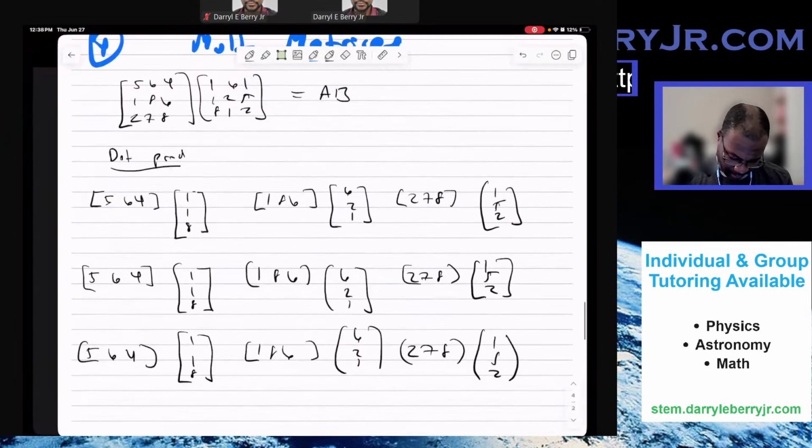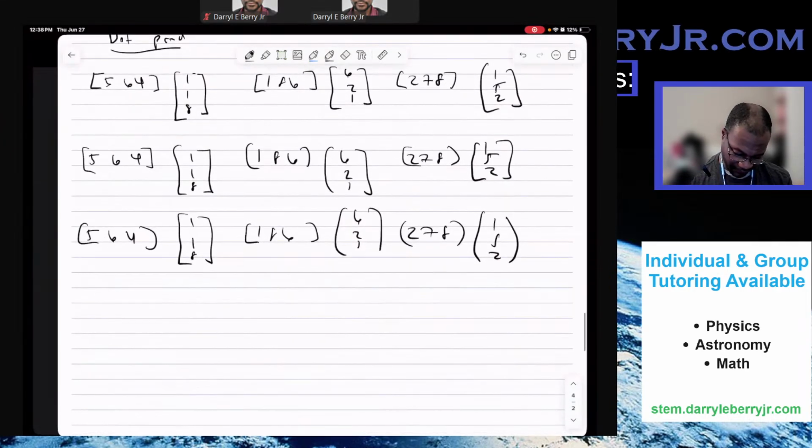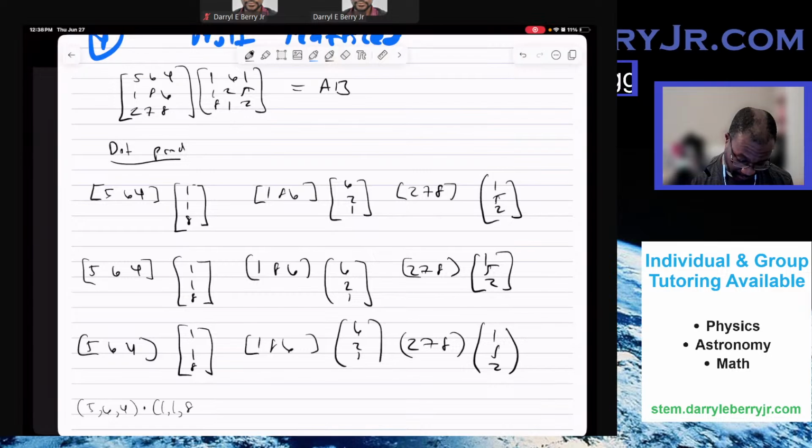I saw that because when I thought about the dot product directly, instead of the fancy way the professor wants us to start doing, I remembered it'll be 5, 6, 4, dot product 1, 1, 8.